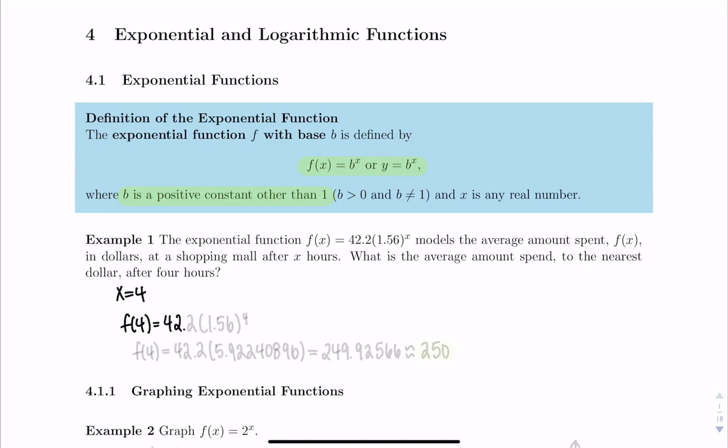Well, that's 42.2 times 1.56 raised to the 4th power. So we want to do order of operations first. So we need to find 1.56 to the 4th power. So that's 5.922 40896.